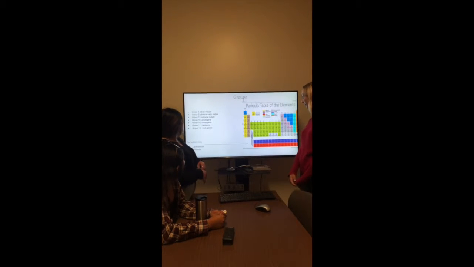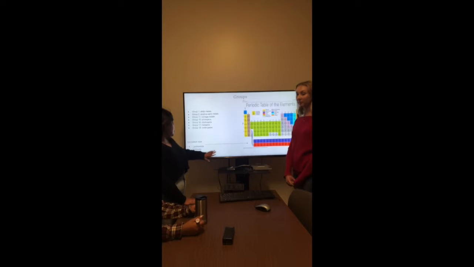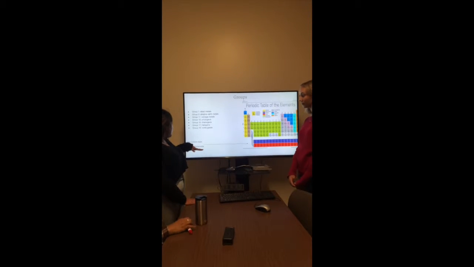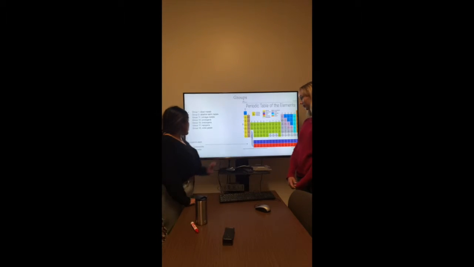So these are all the groups that there are, and then there are the two bottom ones as well, which are separated from the whole periodic table, which are the lanthanides and the actinides.